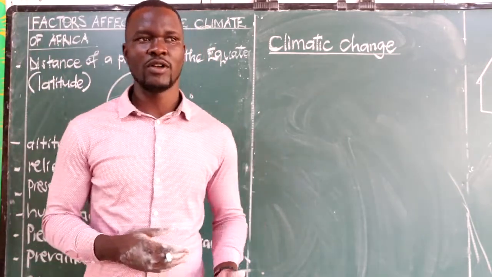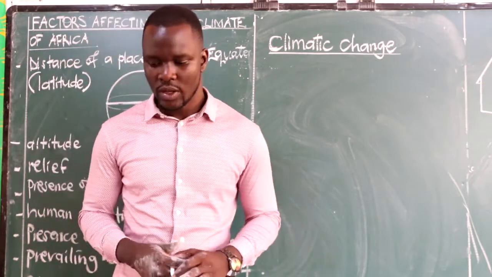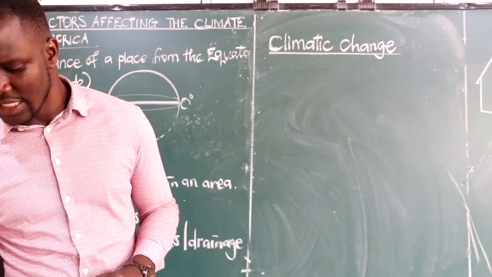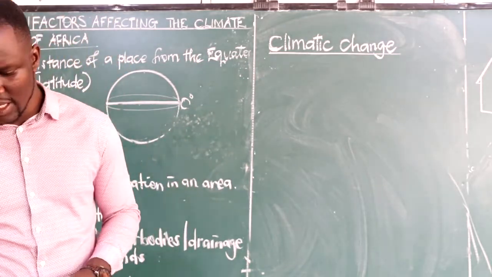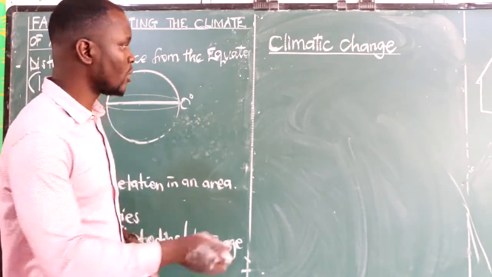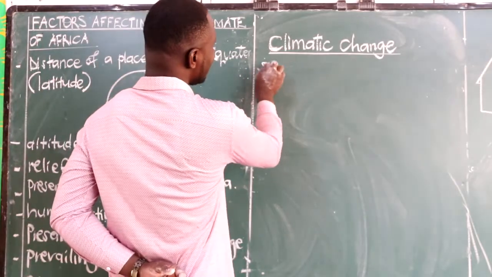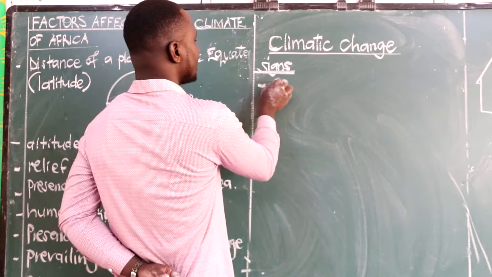The area will no longer be receiving enough rain as it used to. So there are reasons that bring that, but before we look at the causes, we look at the signs. In the signs we say there is what we call global warming. Global warming, those are the signs, the indicators, what shows that the climate has changed.